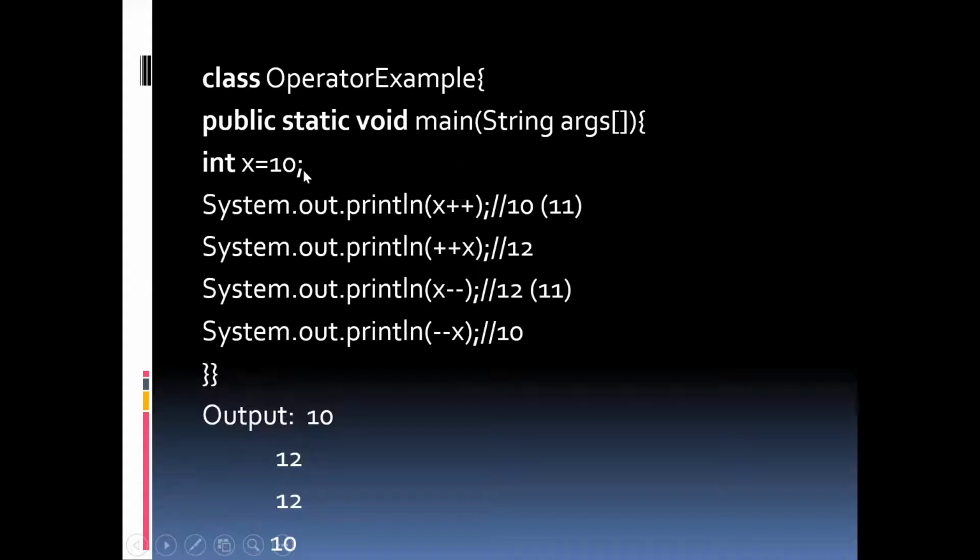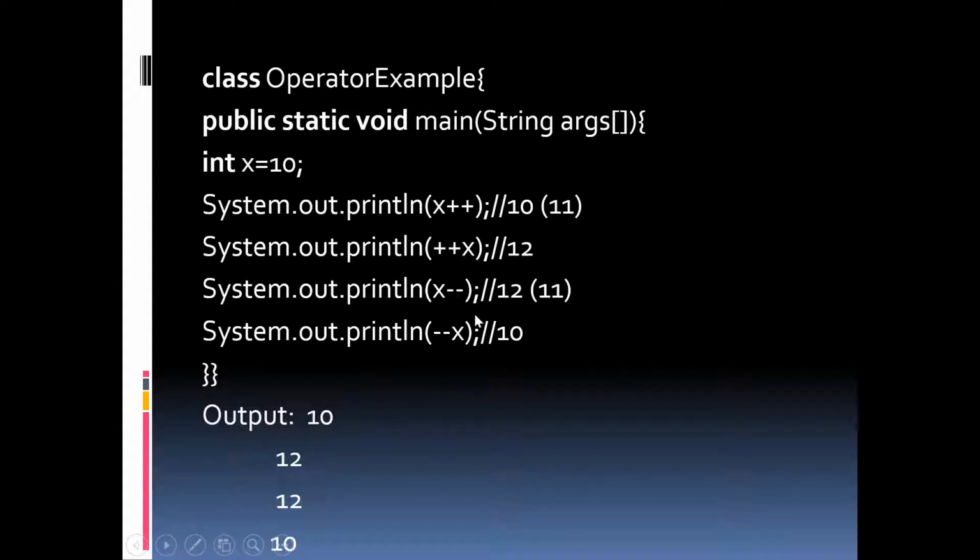At its first use, the value whatever is present would be there. At the second use, the value gets increased, so you will get 11. In pre-increment, firstly it will increase, later the value will be assigned. So that's how it gets printed. This is how we use a unary operator for decrementing and so on.